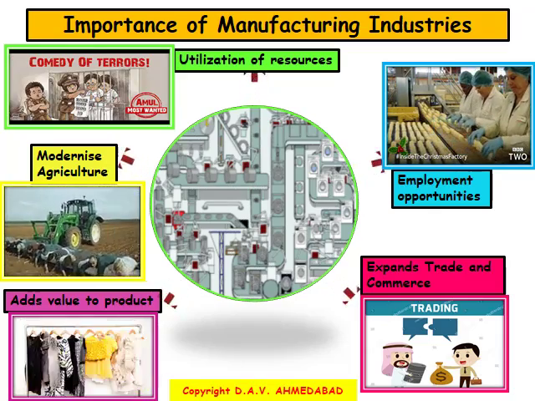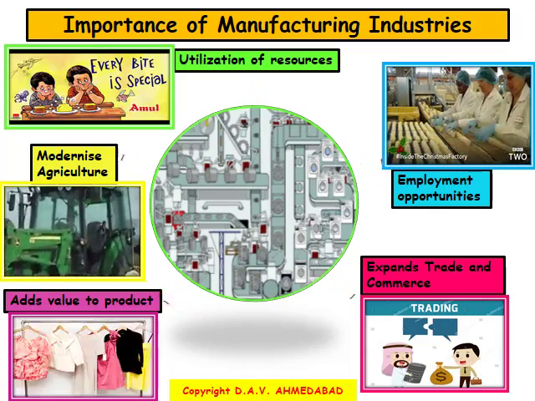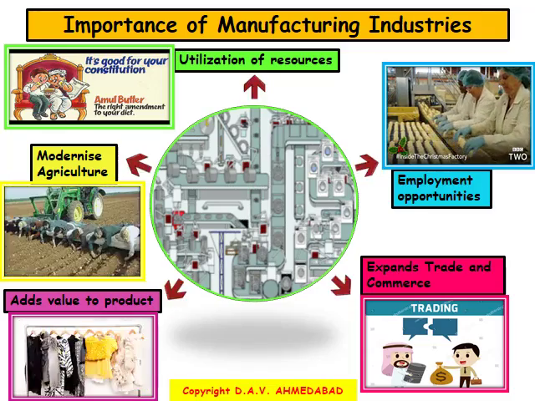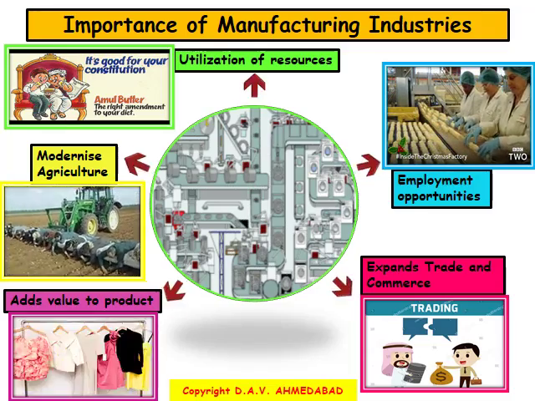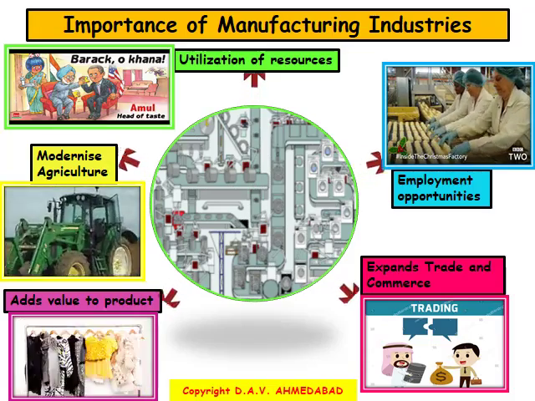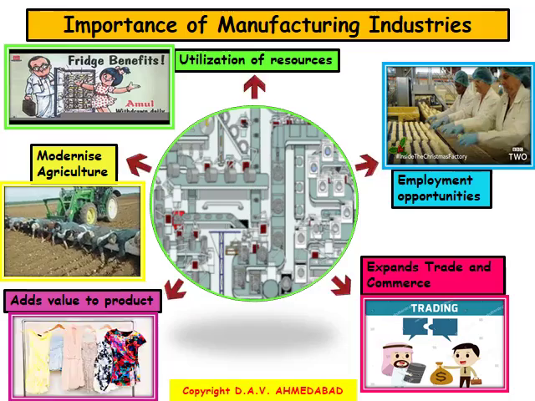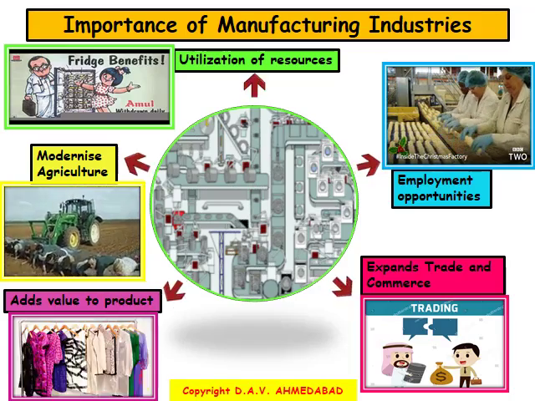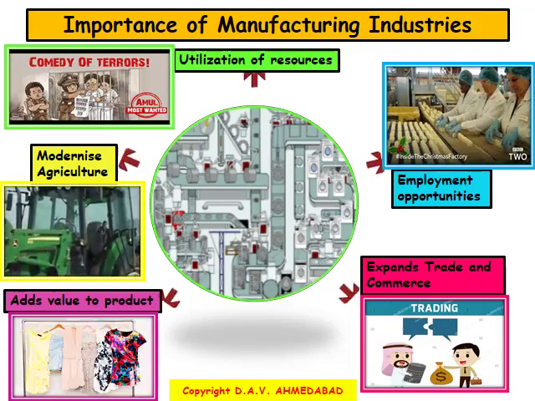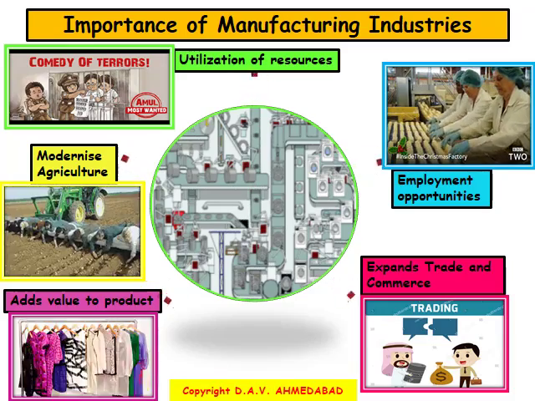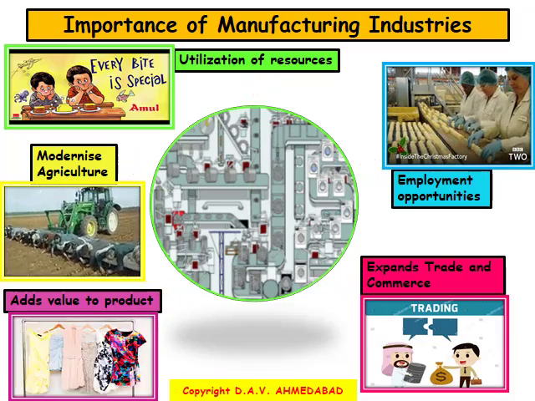But is the price of the garment and the price of the cotton the same? No. The price that you pay for the garment is much more. Reason being, you're not getting cotton, you're getting a fresh finished product, and therefore industries add value to the product.